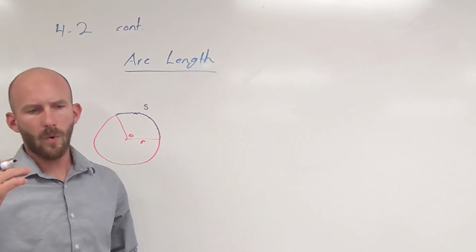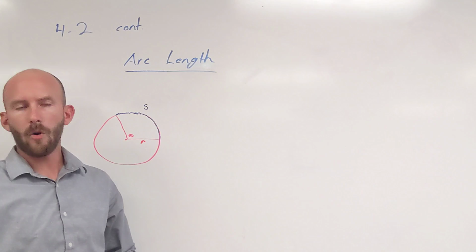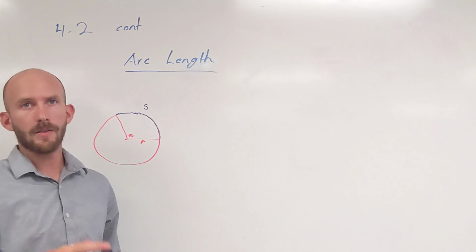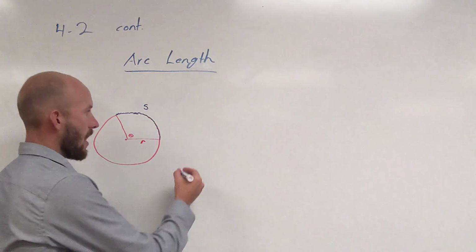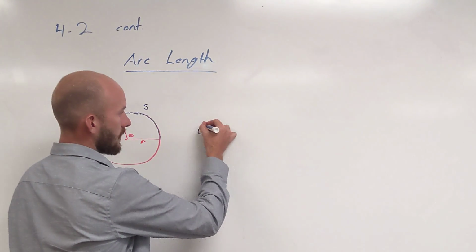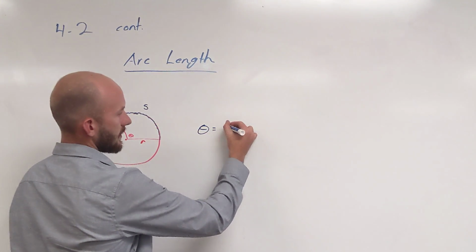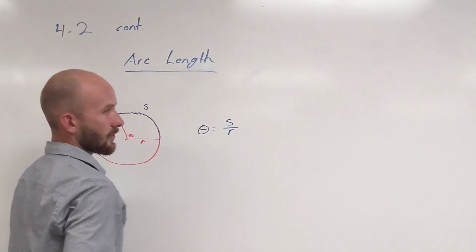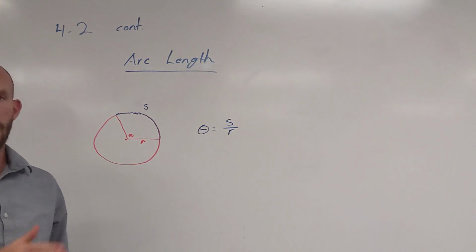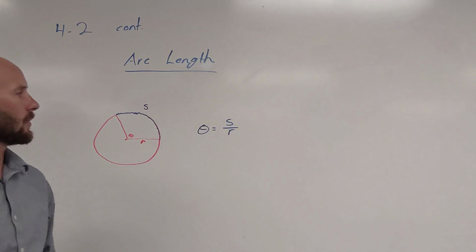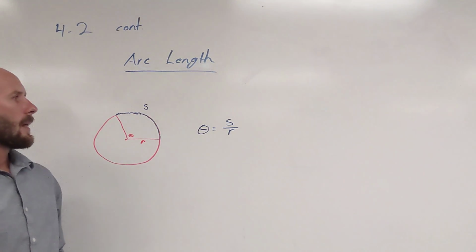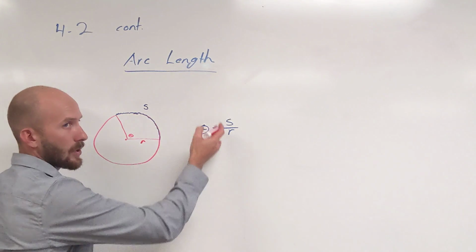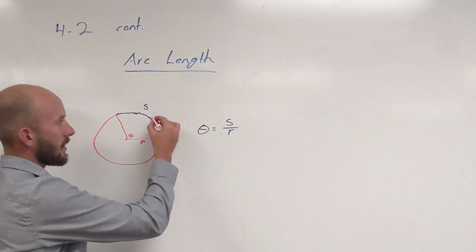So I'm going to start with our formula, sort of how we defined radians at the beginning of the section. What we started with was theta in radians equals S over R. We did that at the beginning of section 2, because this theta is really just a ratio of S to R, right?